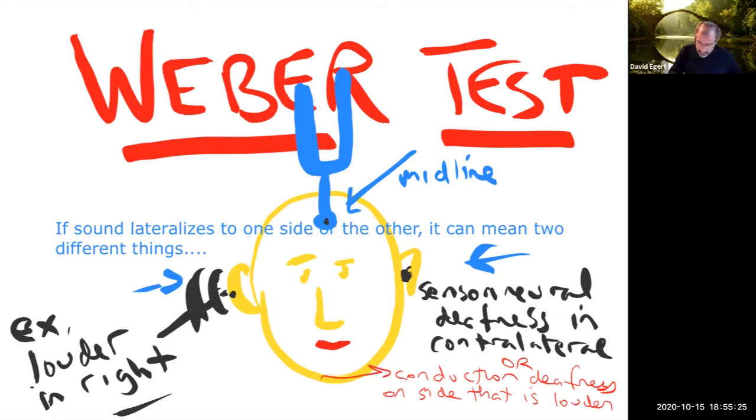If you hum, and then you stick your finger in your ear, that's kind of mimicking conduction deafness. Hum. It actually gets louder in the ear that you're clogging up. Do you notice that?